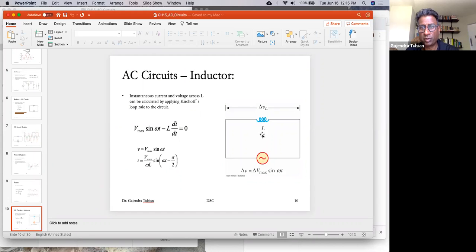When you connect a pure inductor to an AC source, Z is omega L, and phi is pi by 2. So the current lags the voltage by 90 degrees, or the voltage is ahead of the current by 90 degrees.